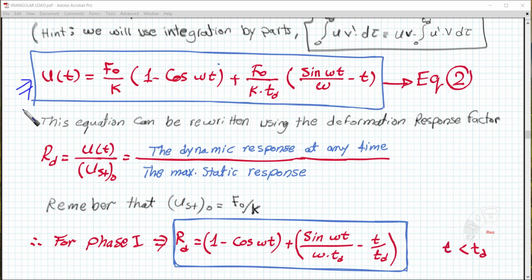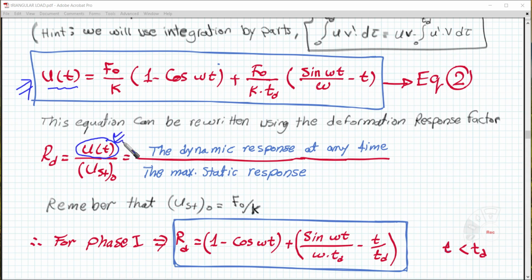Sometimes it is useful for us to use RD instead of putting only U of t, because as designers, we are always interested in the maximum value. We are not interested in the specific response at every time.